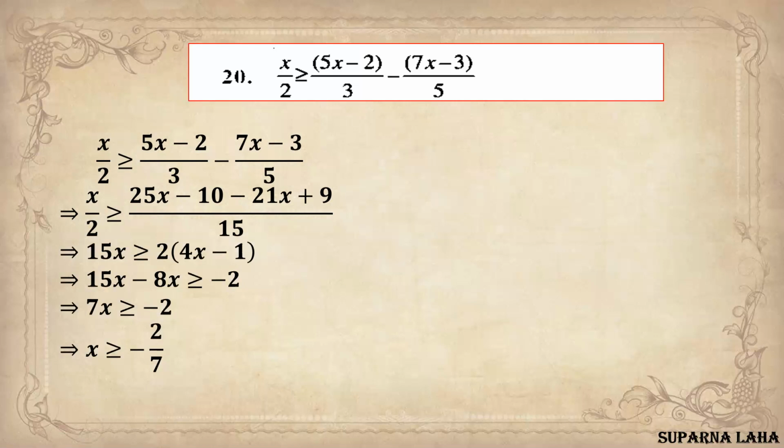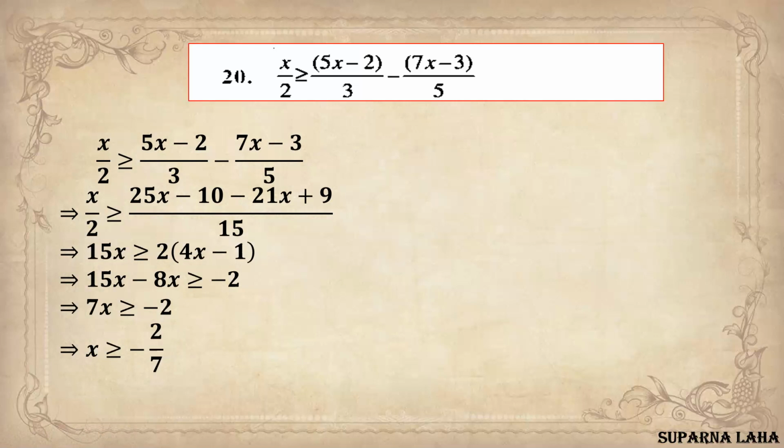Clear? So this is the solution for this inequality. All the values equal to minus 2 by 7 and greater than minus 2 by 7 are the solutions for this inequality.